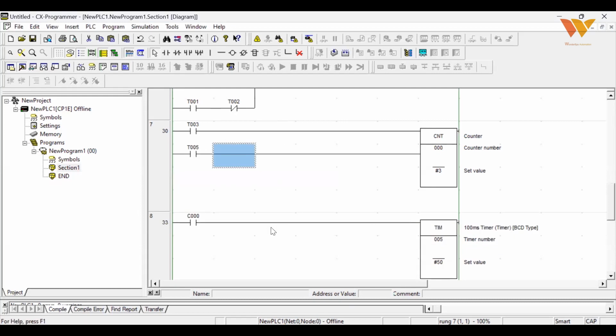Any more changes are there in the program? That's all. Should I add anything extra? No, right?